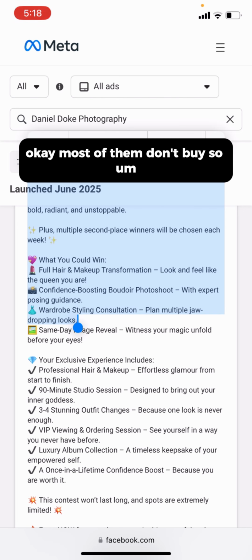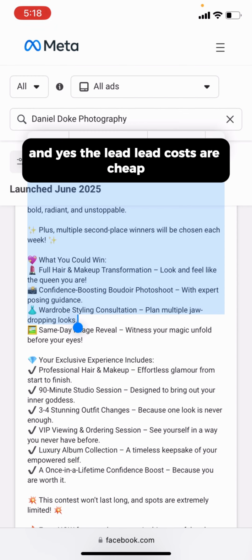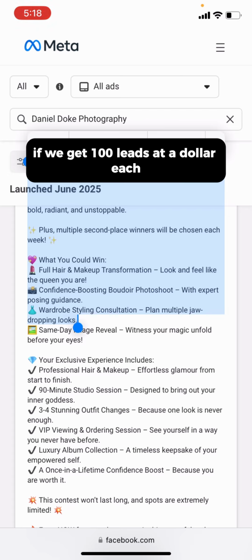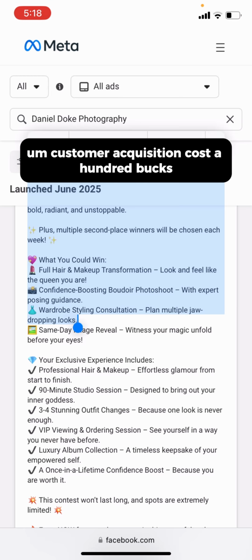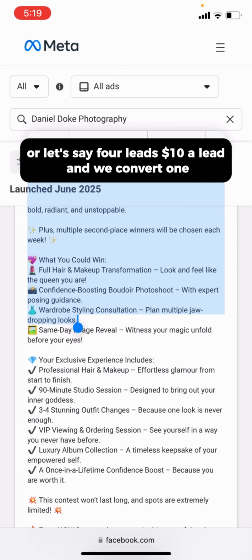And yes, the lead costs are cheap, but that's a vanity metric. Example, if we get 100 leads at $1 each, we convert one to paying us, okay, $100 CAC, $100 CPA, cost per acquisition. Customer acquisition cost $100. But if we do a buyer-focused objective, we get 10, or let's say 4 leads, $10 a lead, and we convert one.